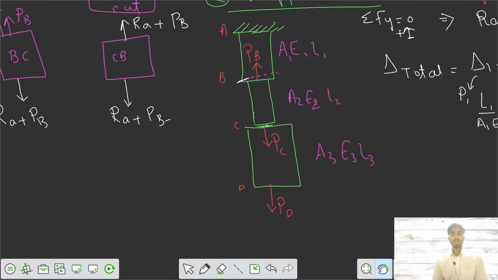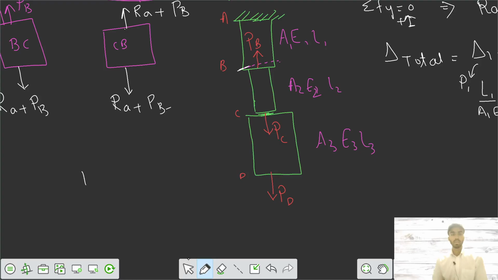From the question, we already know that RA plus PB is equal to PD. The direction is the same here. This direction and this direction are the same, that is, this value is equal to this value. Both are, say, negative.